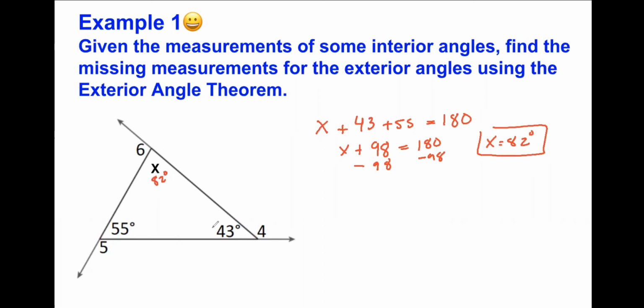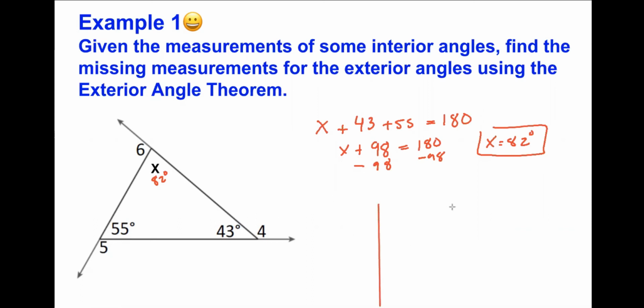Now, once we have that information, we can go ahead and solve for each of the exterior angles that we have here: measurement of angle 4, measurement of angle 5, and measurement of angle 6. Okay, so let's go ahead and do that. Here I'm going to do angle 4.